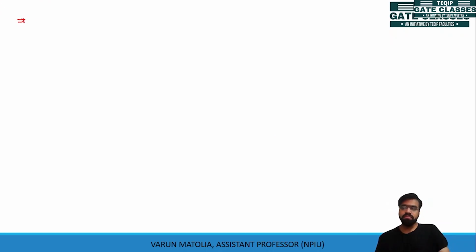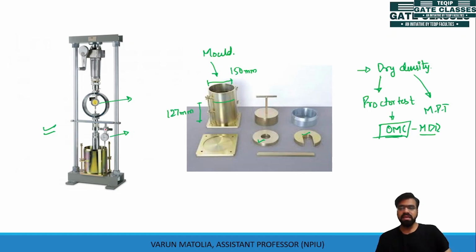Now for testing, we place it in here, and this is the plunger which is allowed to move into the soil, and the load which is required is measured by proving ring. This plunger is 50 mm dia, or has an area of 19.62 centimeter square.